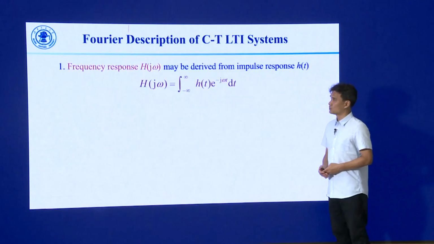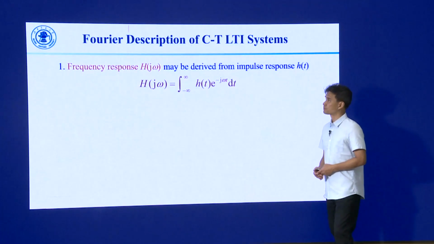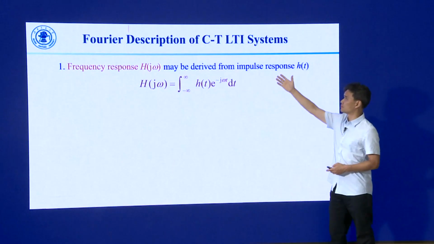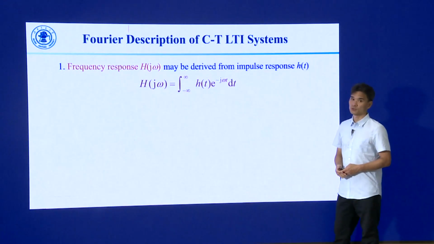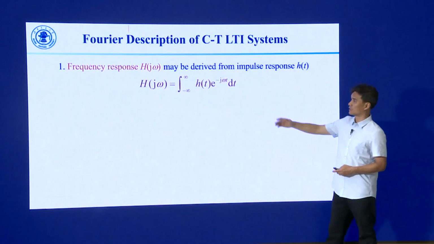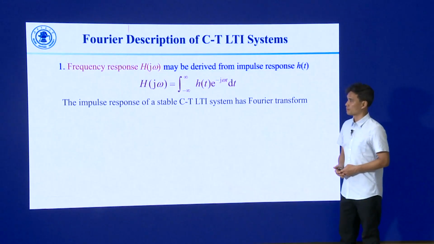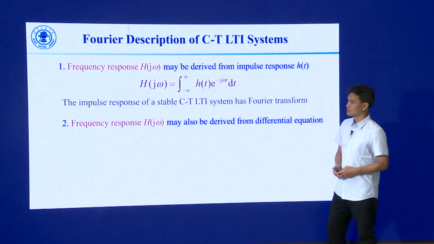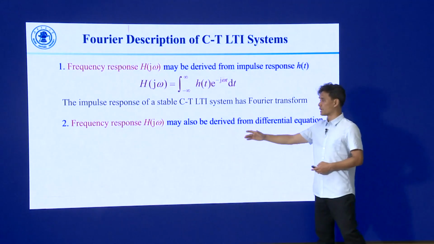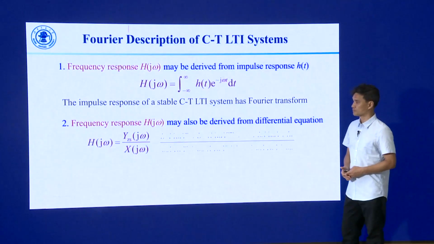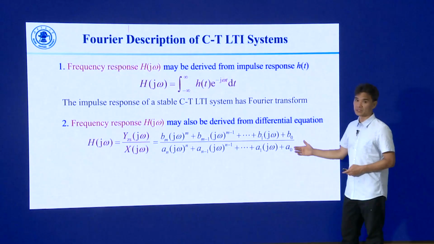So we try to do a summation. First, the frequency response may be derived from the system's impulse response because they are a pair of Fourier transform. Second, the frequency response may also be derived from the differential equation. So here is the description in the frequency domain.